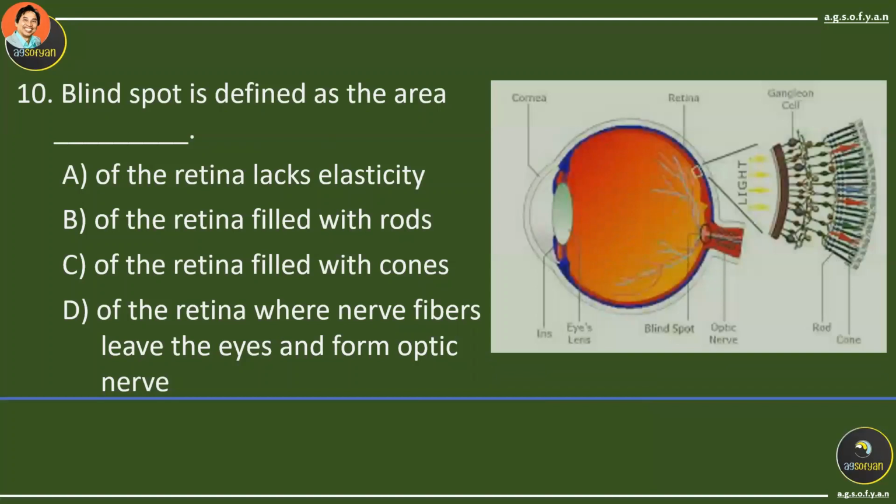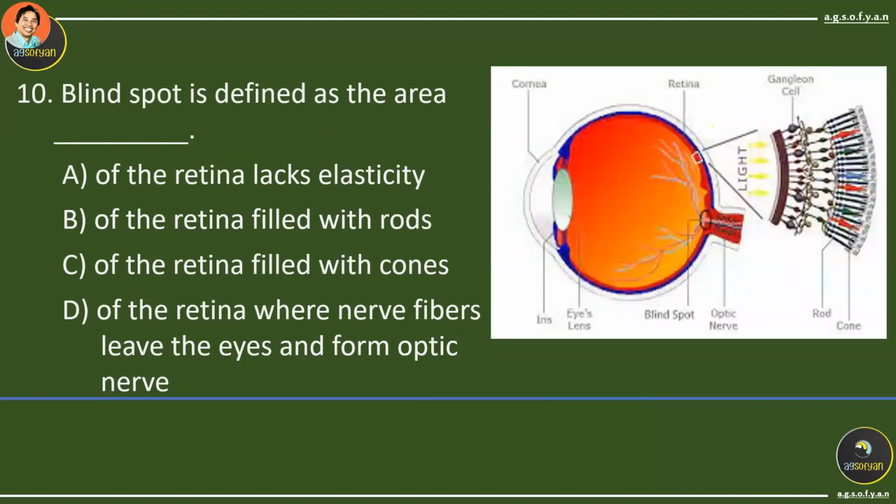If you see this picture over here, this retina, which is the farther back part of the eyeball, consists of this photoreceptor, rods and cones. Rod is for black and white vision. Cones is for color vision. So there are some areas in the retina that do not have this photoreceptor, and this area is called the blind spot.